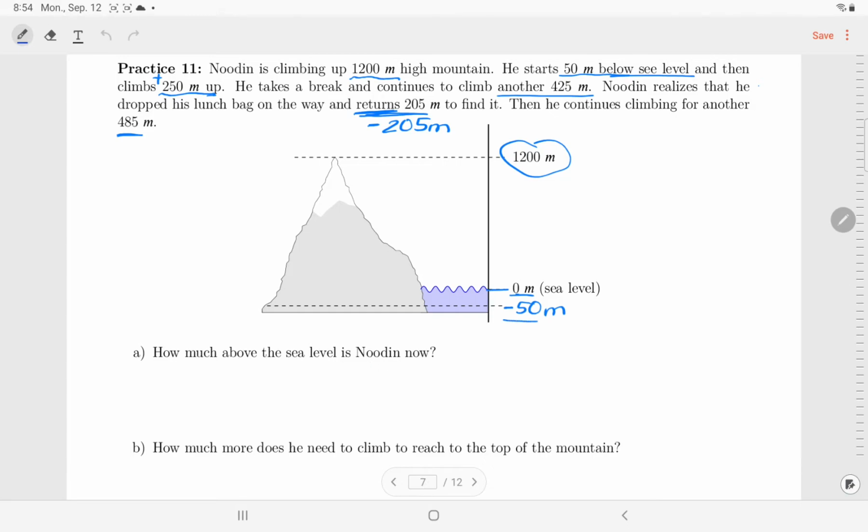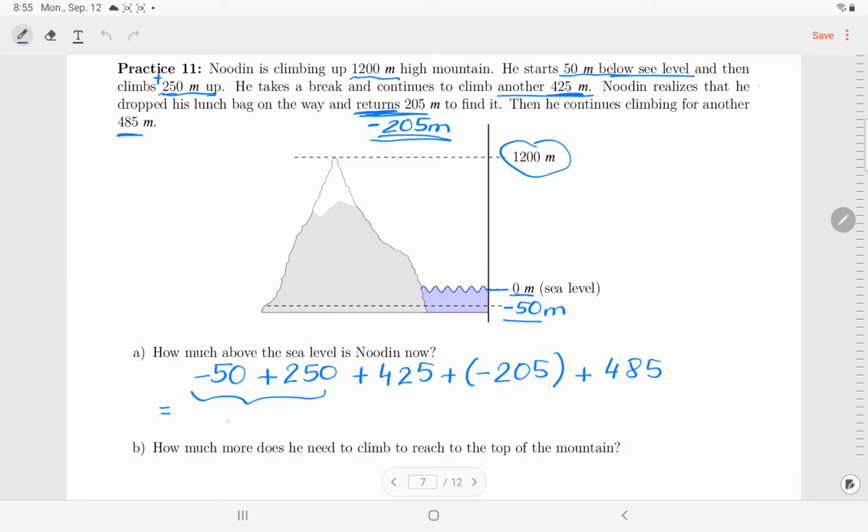We start at negative 50. Then we climb 250 meters up, so plus 250. We take a break and go up another 425 meters, but then we have to go back, so we add a negative 205 meters. Then we continue climbing up another 485 meters.